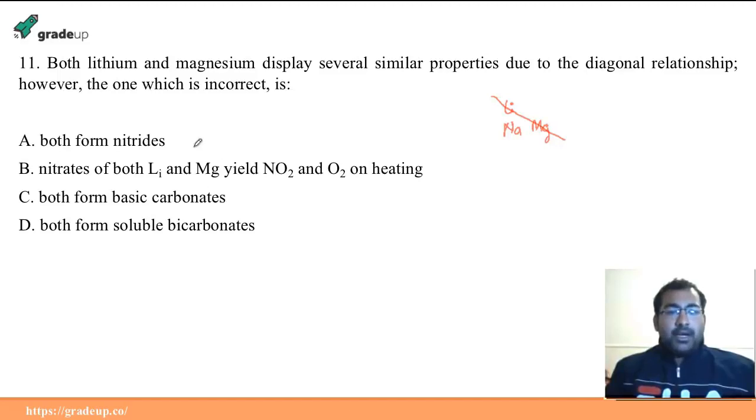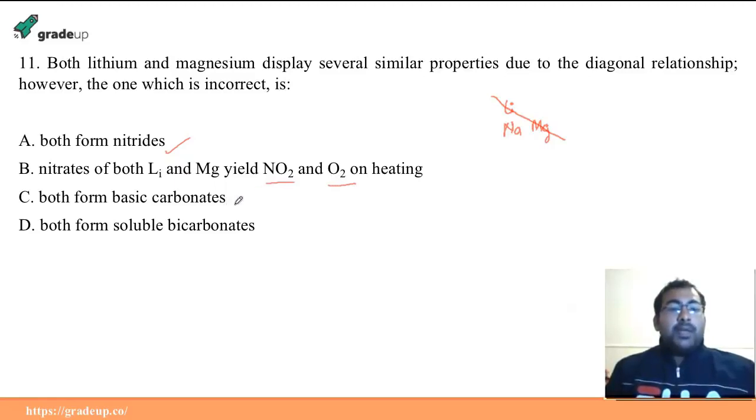There are some properties given about lithium and magnesium, and it has been asked which of the following properties are not similar for these two. They both form nitrides. This is true. Nitrates of both Li and Mg yield NO2 and O2 on heating. That is also correct.